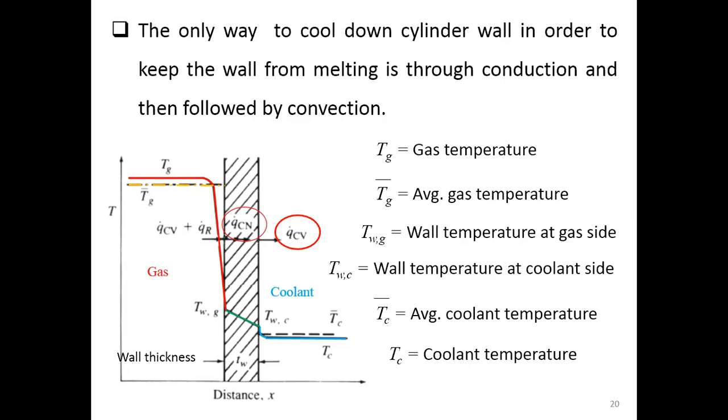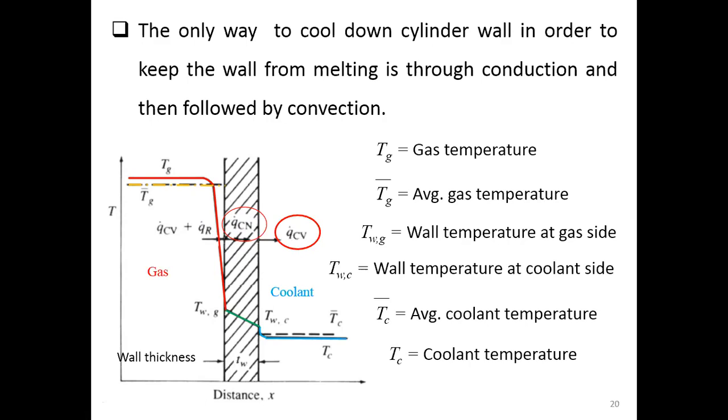No matter whether we talk about the heat due to conduction or the heat due to convection, they are the same amount of heat. And apart from that, it's also the same amount of heat inside here that flows to the wall, in which we have conduction and radiation. Okay, this is about the heat that transfers to the wall.